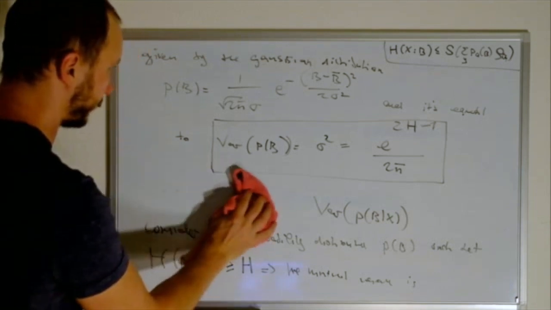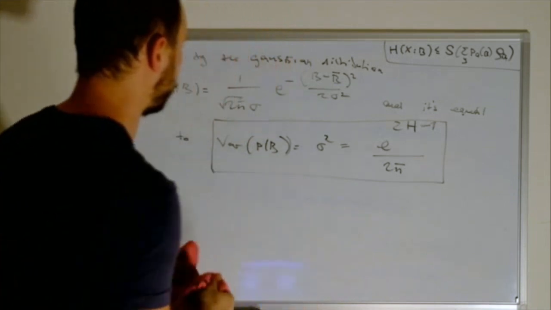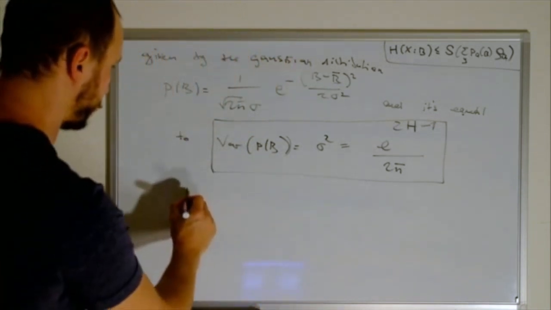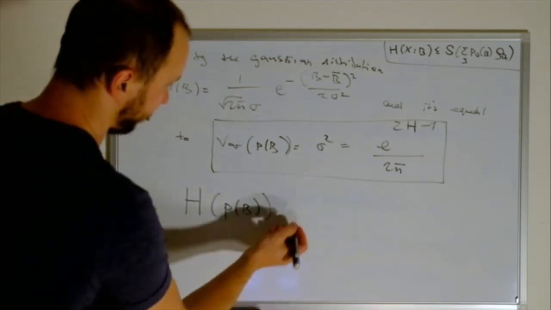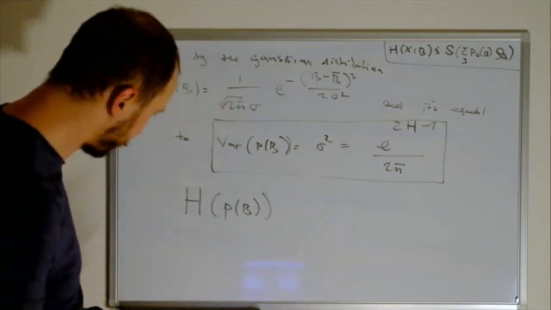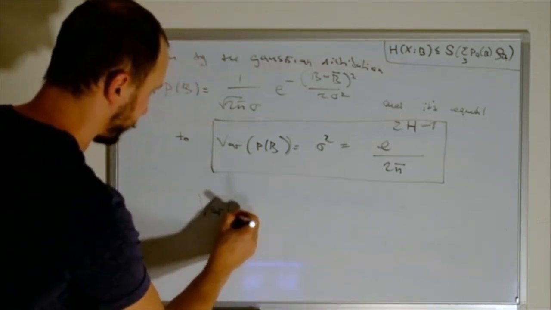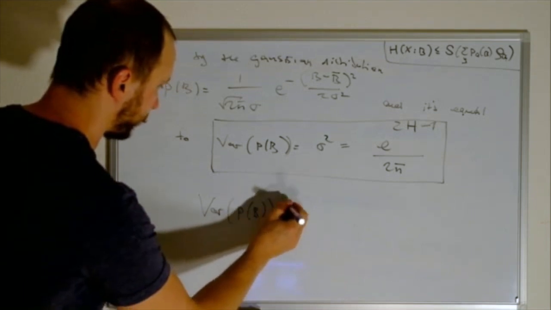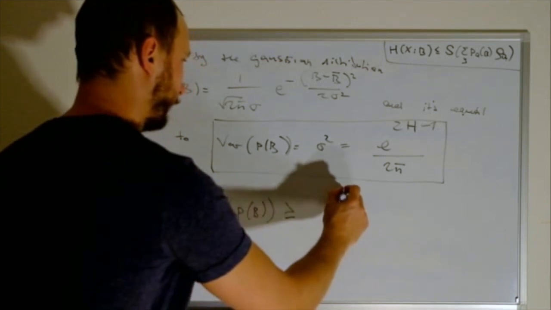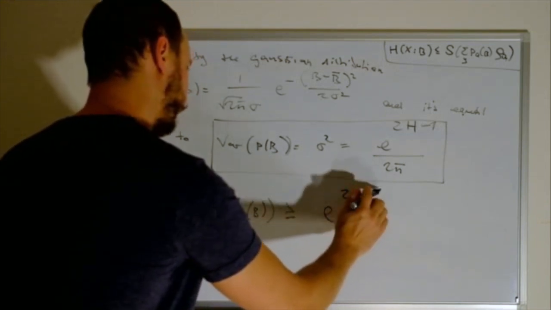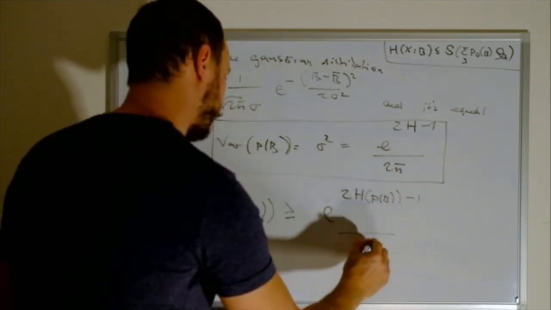Okay, but in our context, it's now nice because we know that the variance of a probability distribution is in general bigger or equal than this formula, 2H minus H of the probability distribution minus 1 divided by this constant, 2 pi.